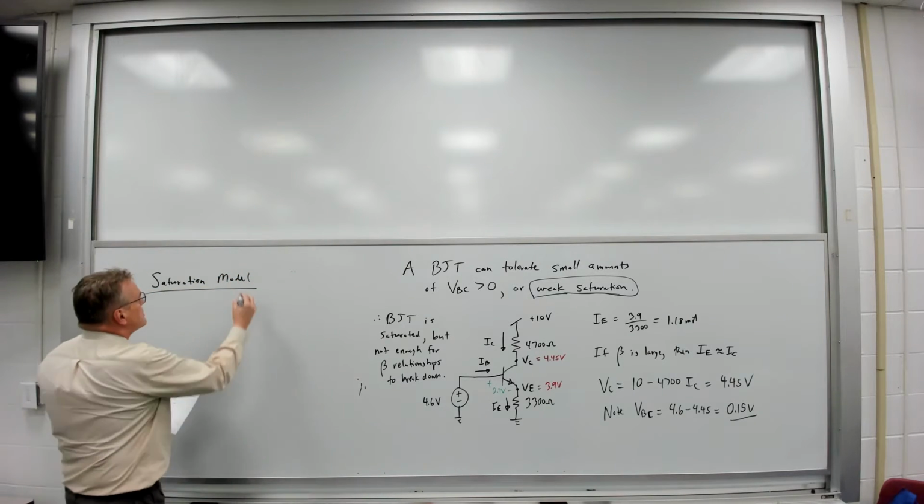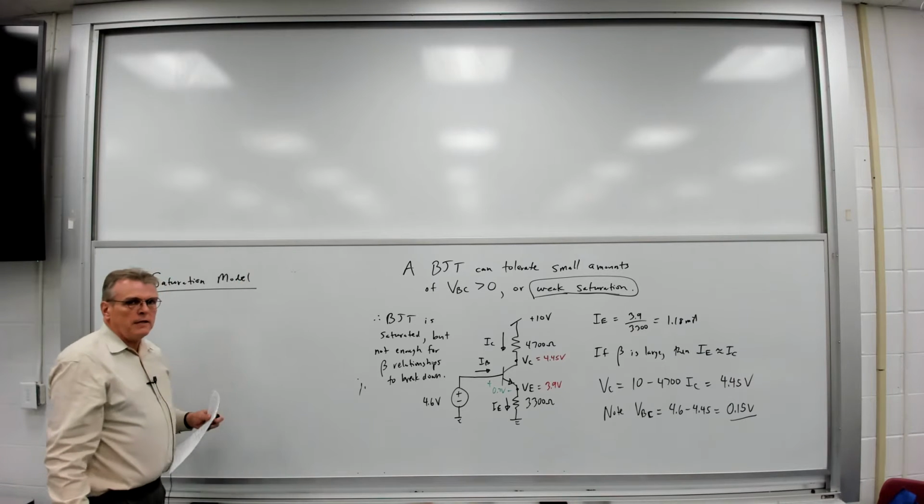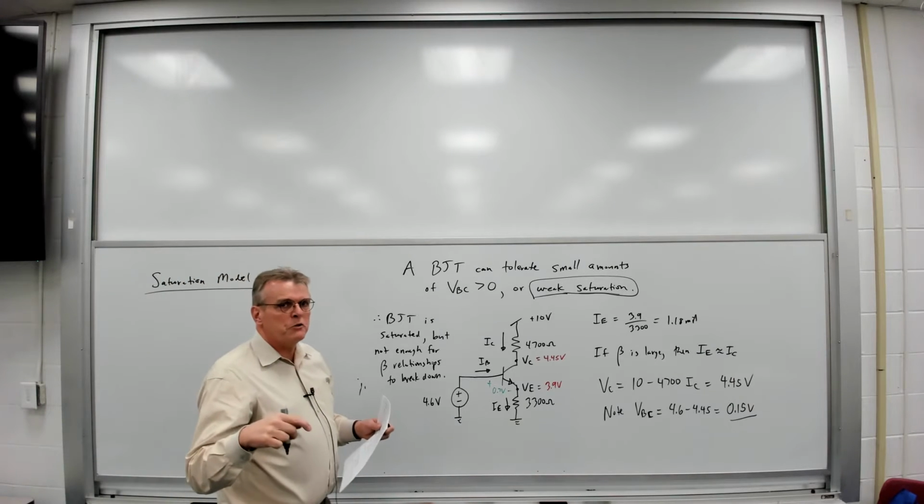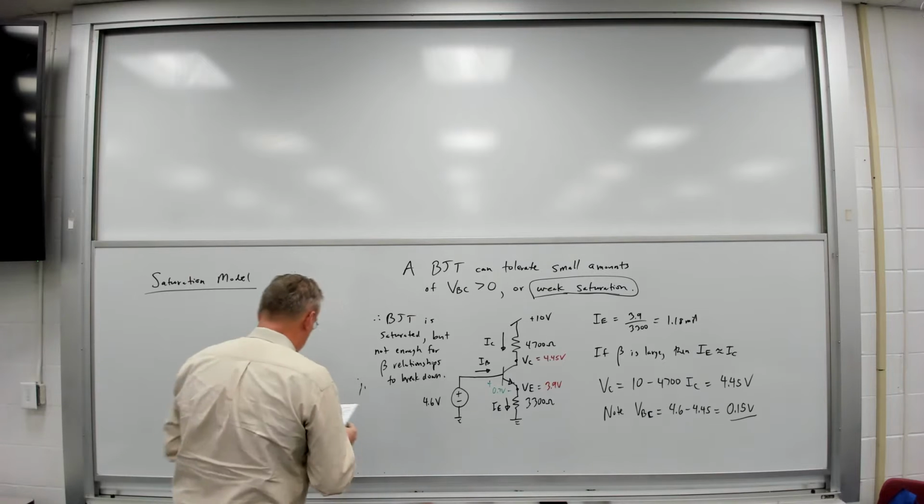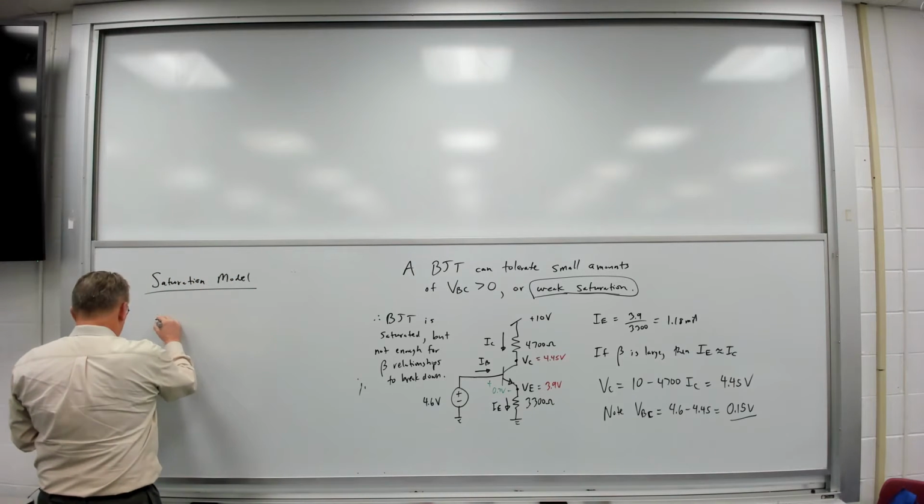So when we have a saturation model for a BJT, keep in mind the base collector junction is beginning to forward bias. And so we will have this type of model.